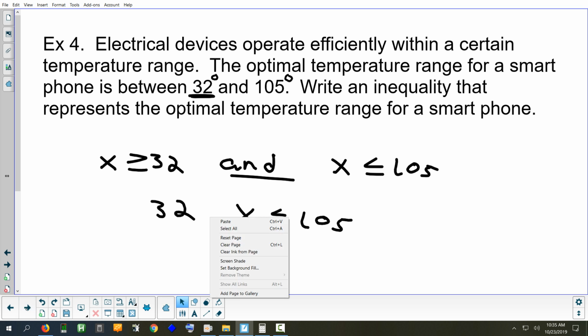Greater than or equal to, towards the 32. It's got to point towards the 32. So when you put it all together, one of these has to flip. It's just kind of the way it works. But this is how you'd write it the short way. I would accept either answer. Okay, any questions on that?